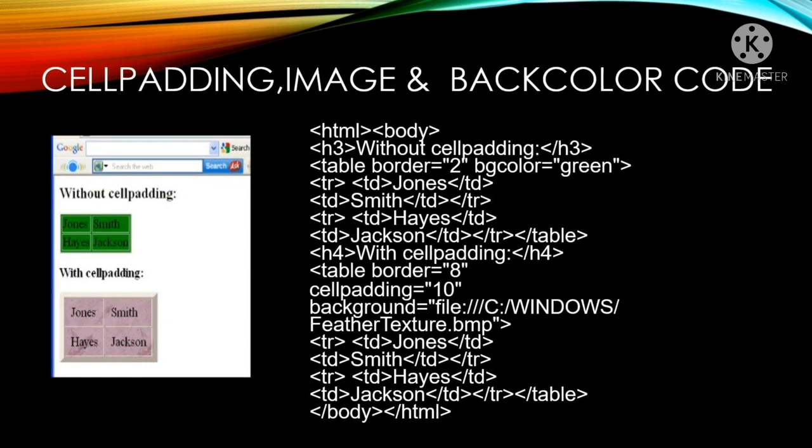In this example, you can see that the cellpadding tag has been used. As mentioned earlier, the cellpadding tag helps you to define the space around the edges of each cell.